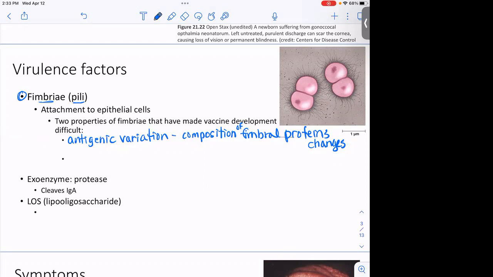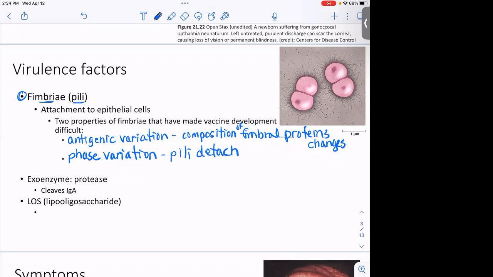And it can do something else that we call phase variation. That just means it has the ability to turn on and off the expression of the pili. The pili, or fimbriae, detach.